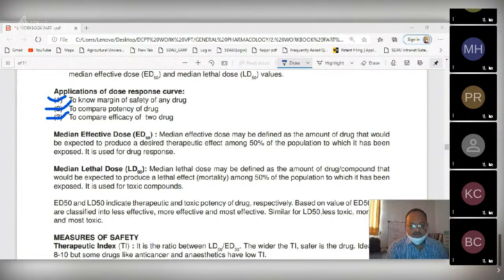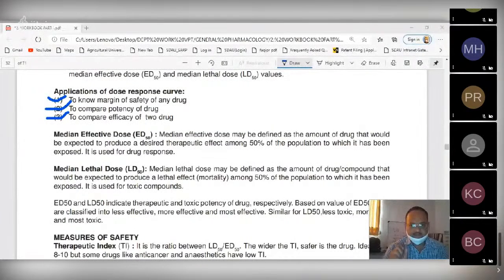What is median effective dose? It is the amount of the drug that would be expected to produce a desired therapeutic response in 50% of the population exposed to that particular drug.